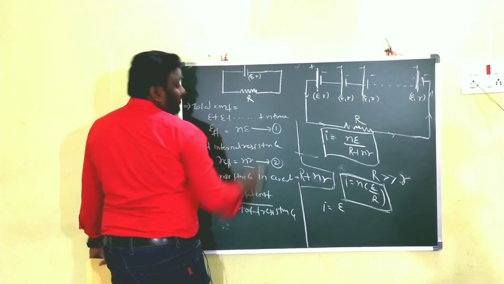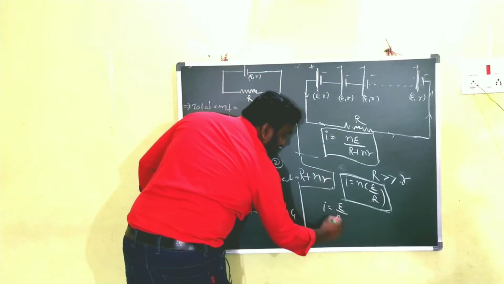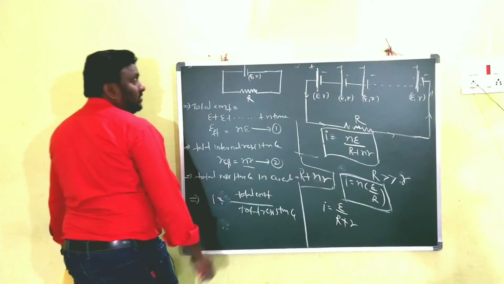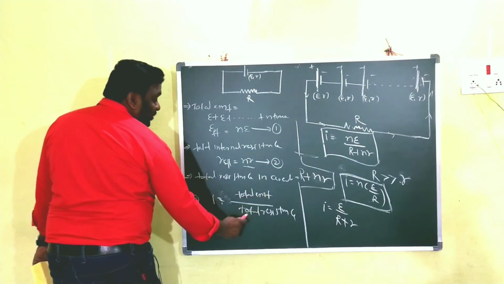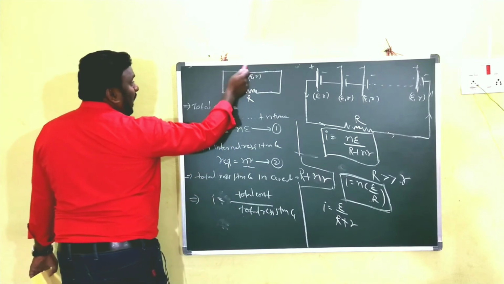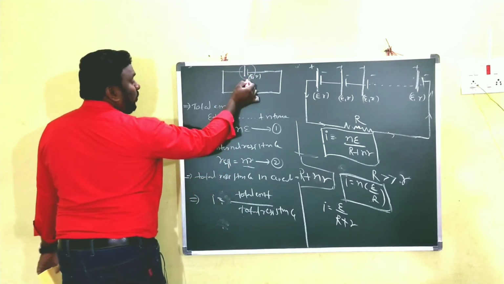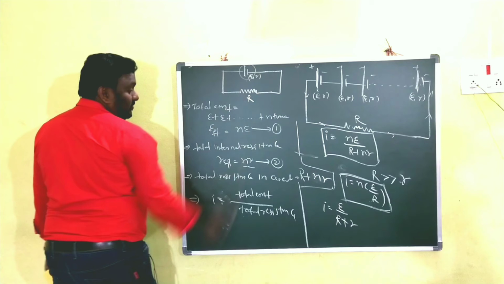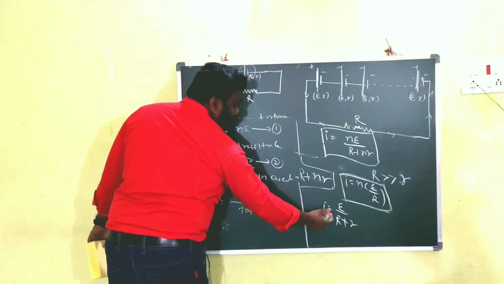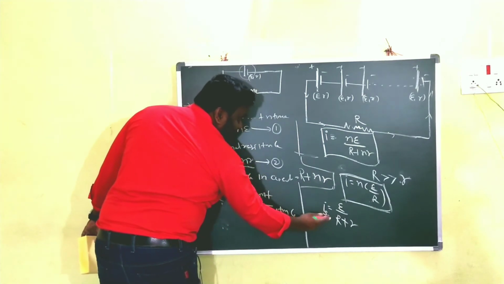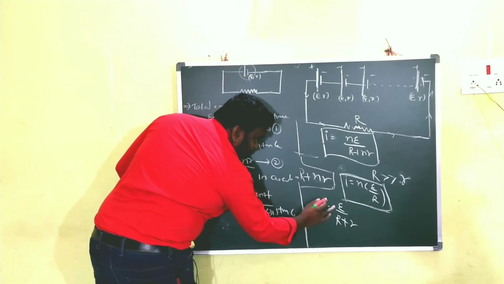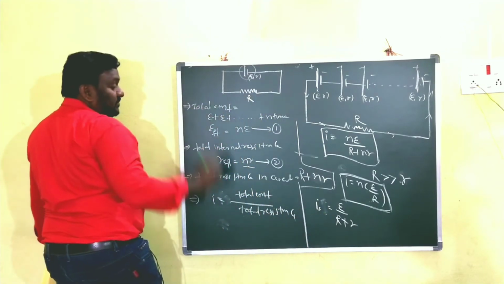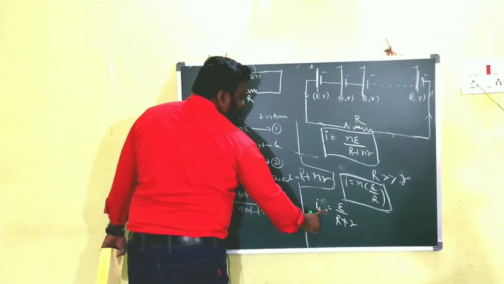Clear, children? What is the formula? I is equals to total EMF by total resistance. We have only one cell, and the EMF of the cell is epsilon. That's why I am writing this for a single cell, and I write it as IS. It is the current for only one cell.